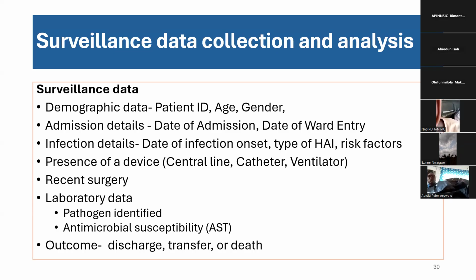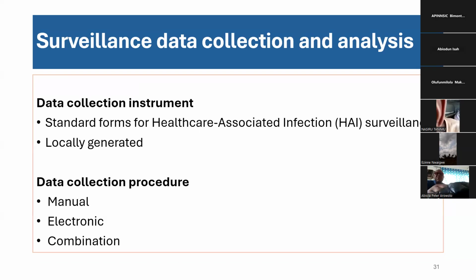Presence of previous surgery. Then if you have laboratory data, did they identify any pathogen? What pathogen did they identify? And the susceptibility pattern to identify antimicrobial resistance. Then the outcome, has the patient recovered? Was the patient transferred to another unit or out of the facility? Or did the patient succumb to the infection or other morbidities?